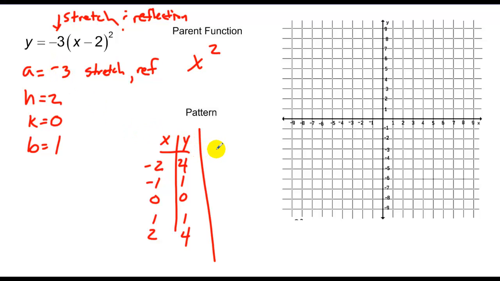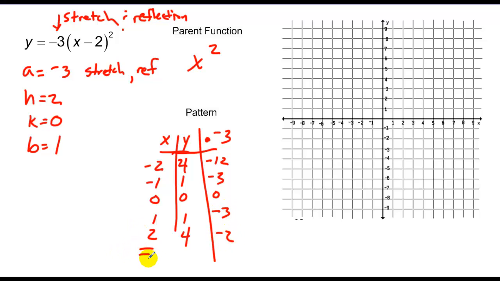So what that says is my y values are getting bigger and reflecting. In other words, they're being multiplied by -3. I get a negative 12, negative 3, 0, negative 3, negative 12.